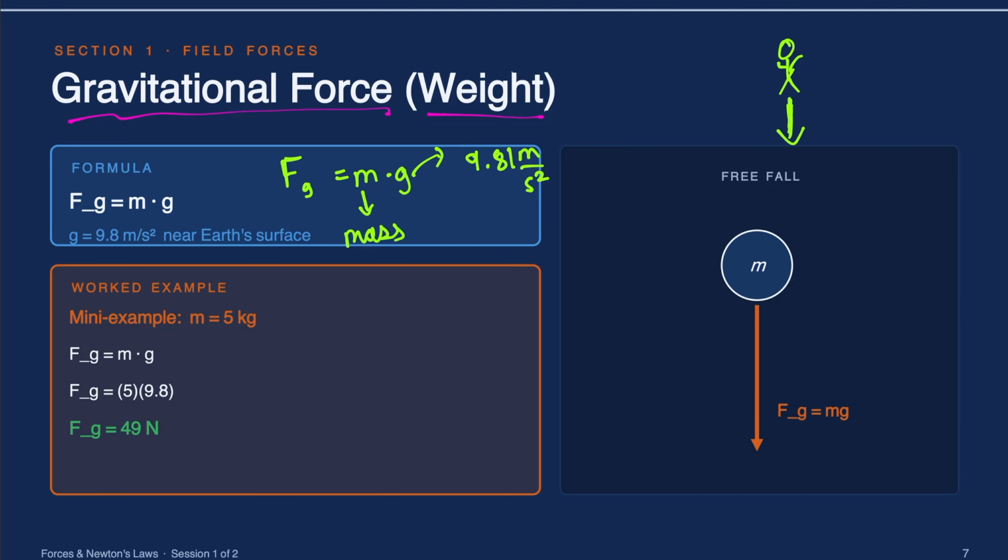How fast are you going to be falling down? So that's velocity, but how fast are you going to be accelerating? This is relatively constant, right? No matter where you jump off of, you're still going to end up with the same acceleration of 9.81 meter per second squared.